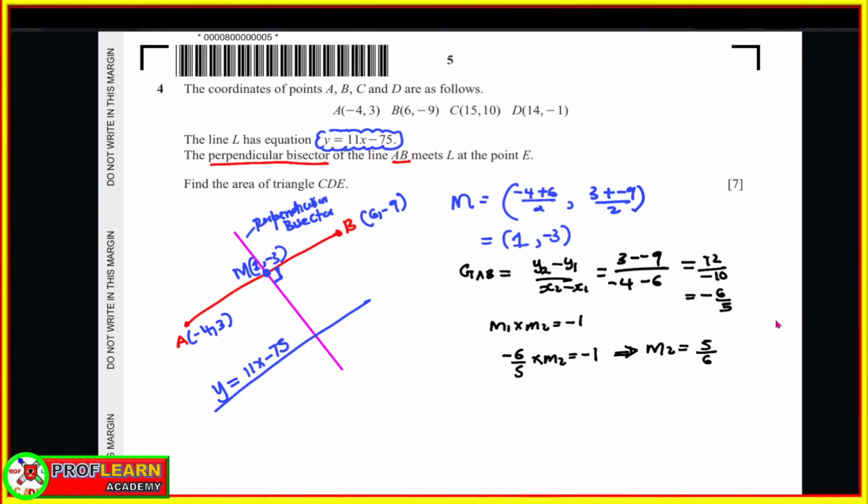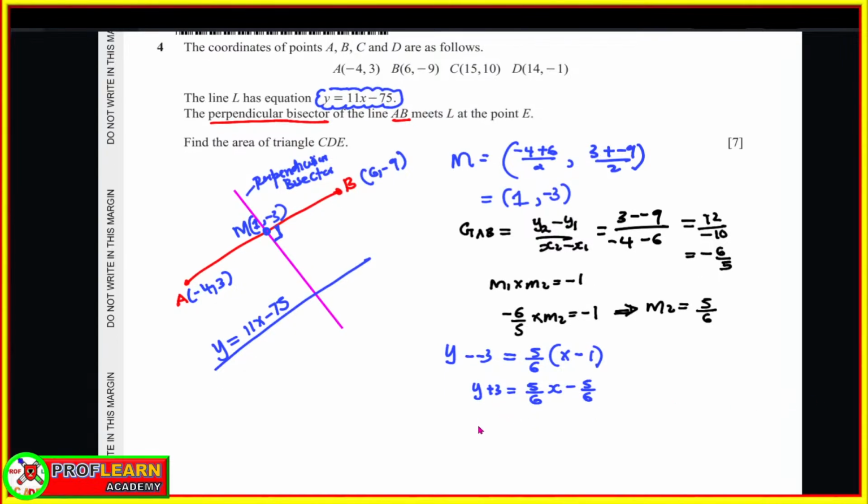So we can find the equation of that line that is perpendicular, and that is going to be y minus 3 is equal to the gradient, which is 5 over 6, into x minus 1. So this becomes y plus 3 is equal to 5 over 6x minus 5 over 6.